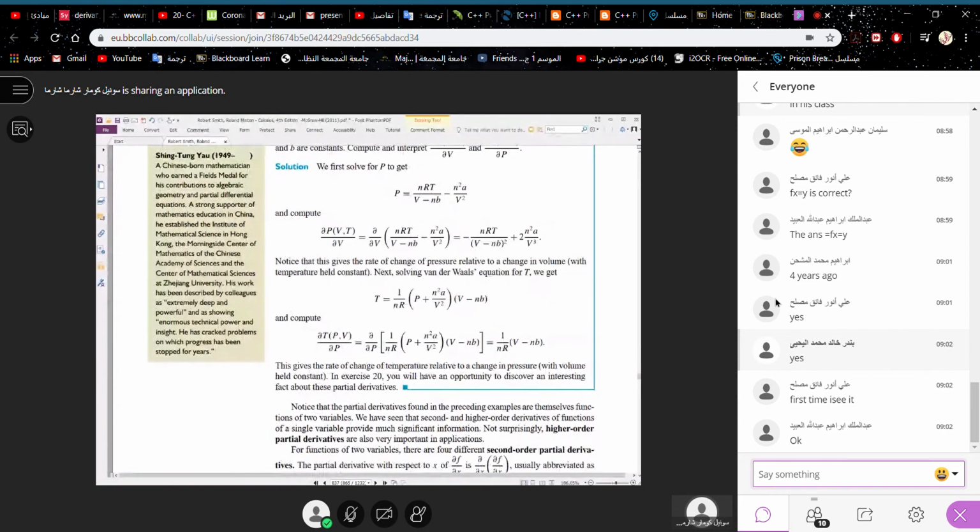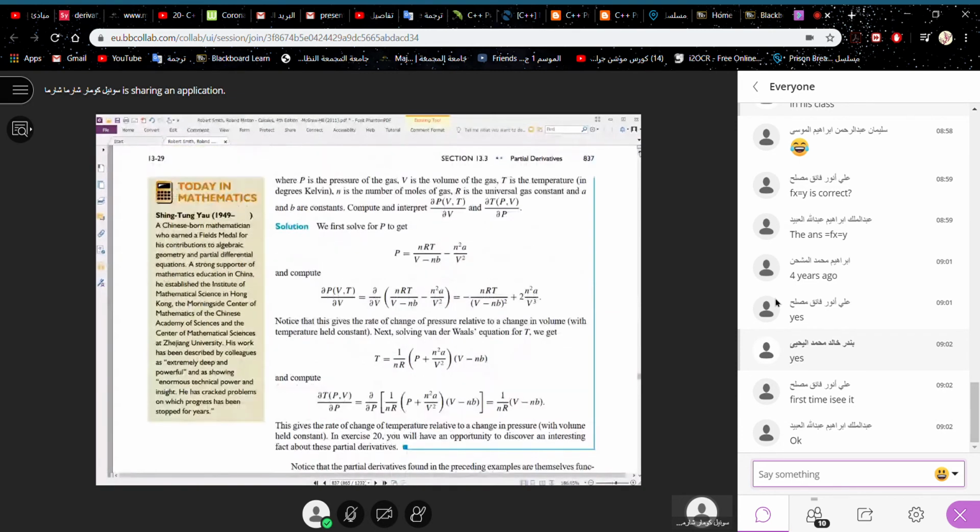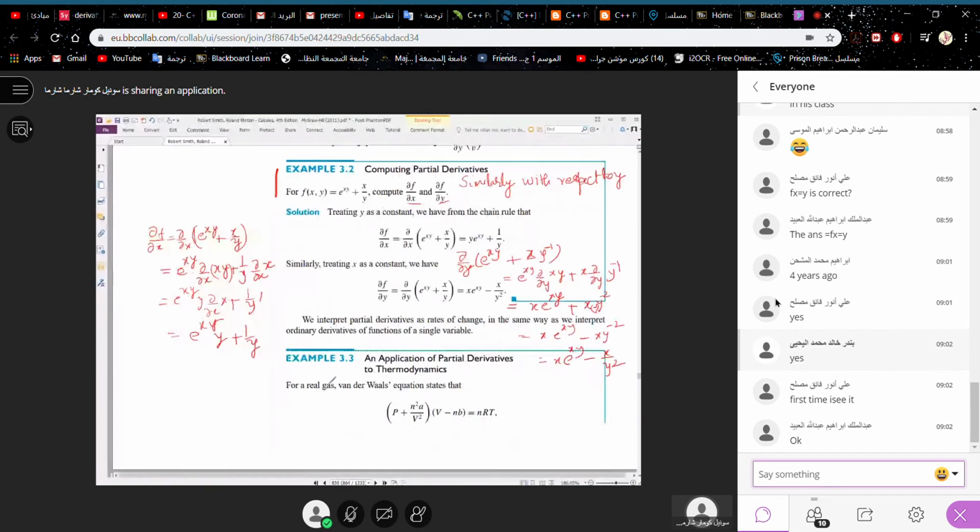You want to see some applications? This is known as the van der Waals gas equation. P is the pressure, V is the volume, and T is the temperature.